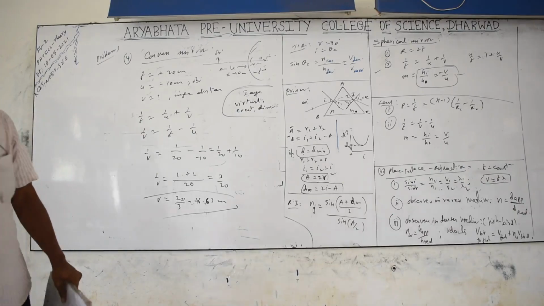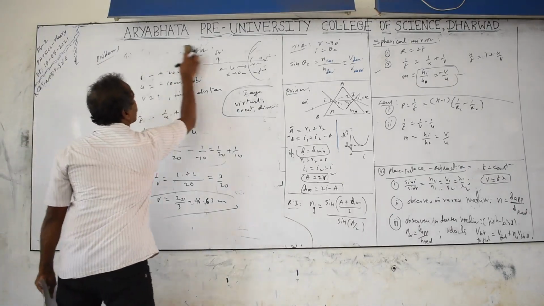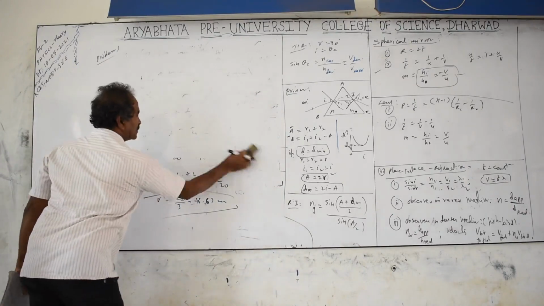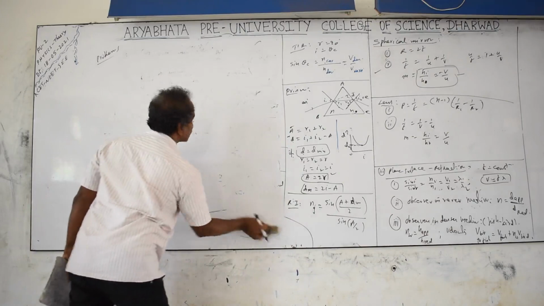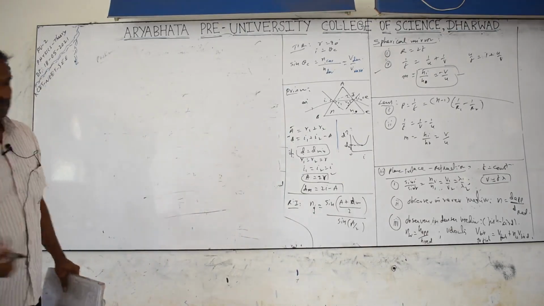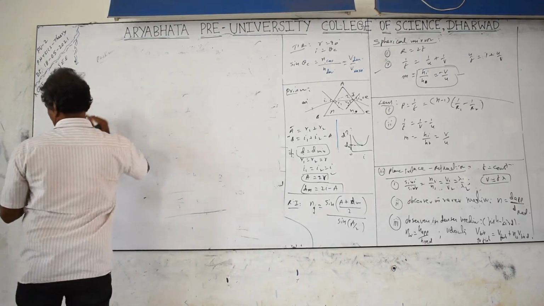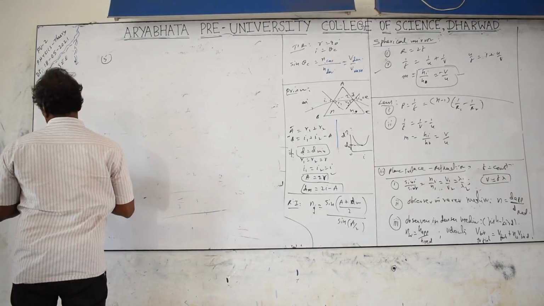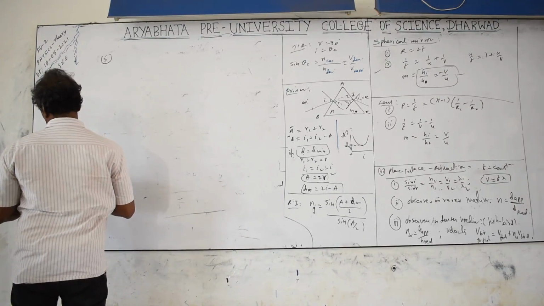Next one is a lens problem, the fifth problem. Concave lens.